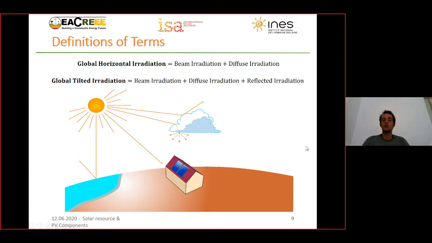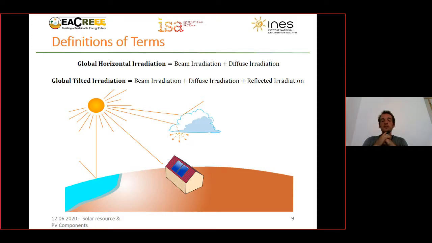Next, some other terms that you might use in your project also. The components of the global energy that you can have on Earth are actually from different sources.